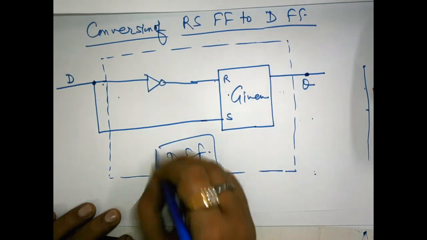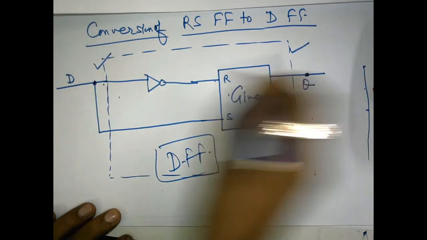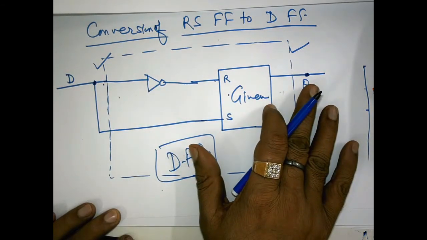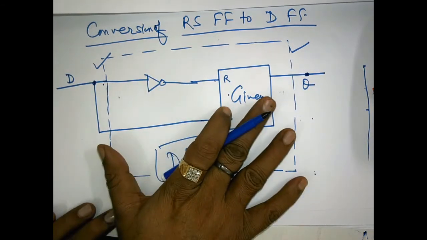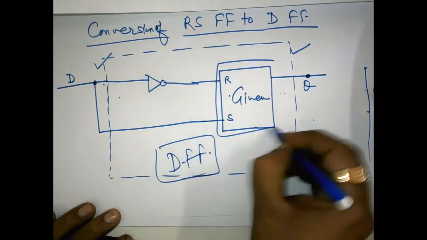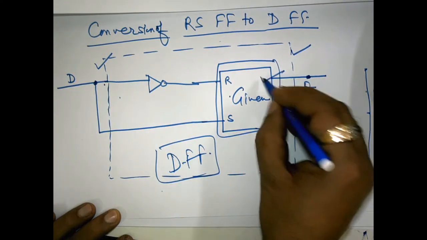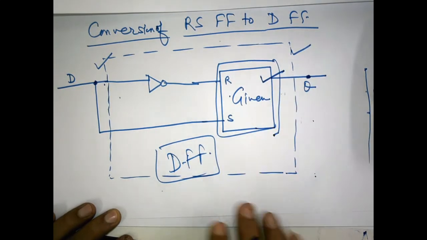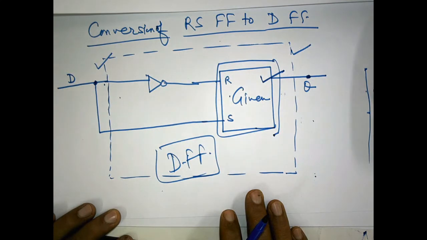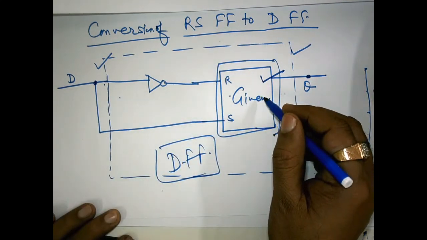What approach did we follow? We retained the characteristic table of the D flip flop. This means what is desired from this block, and how this desire is fulfilled by this SR flip flop, by simply writing the corresponding excitation table for the SR flip flop. So we retain the excitation table of the SR flip flop.